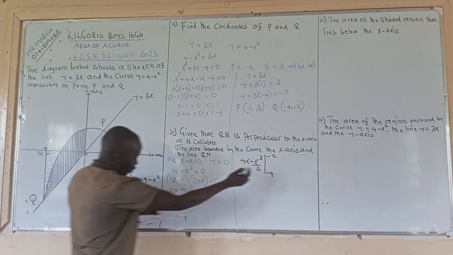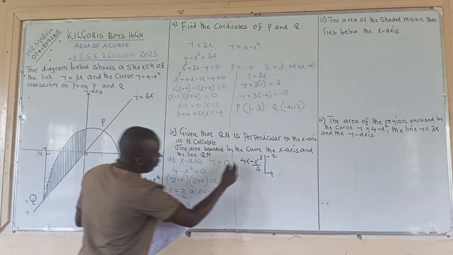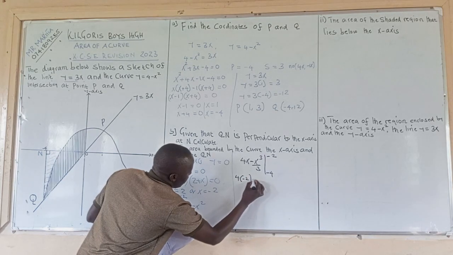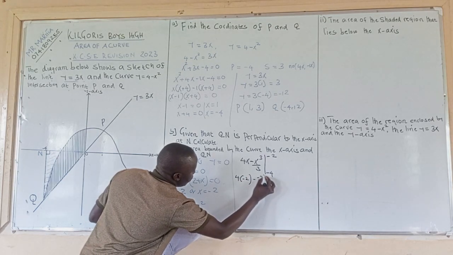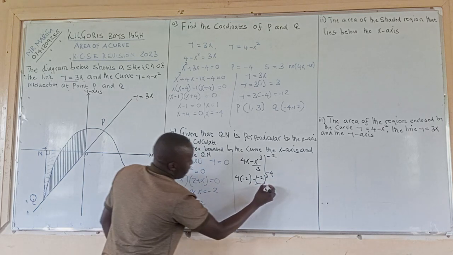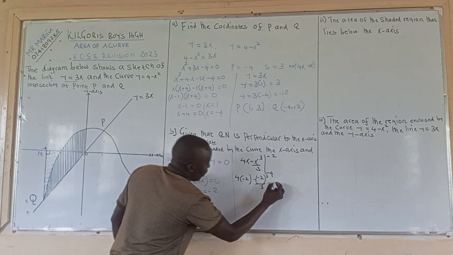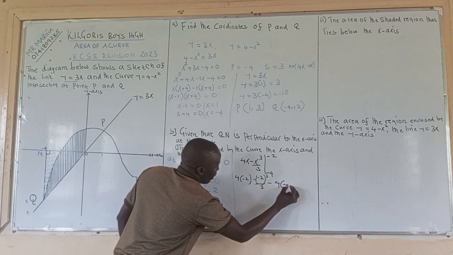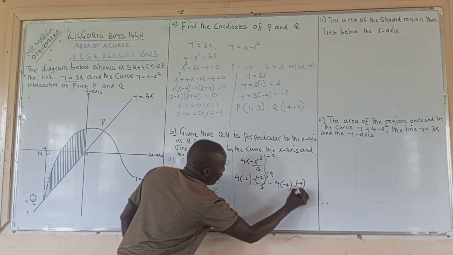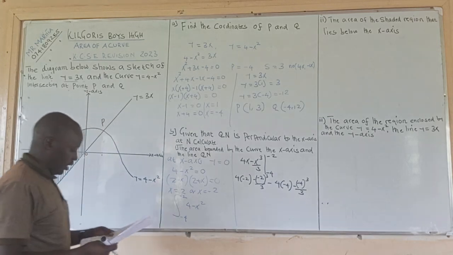When x is equal to negative 2, we have 4 into negative 2 minus negative 2 raised to power 3 all over 3, minus, when x is equal to negative 4, 4 times negative 4 minus negative 4 raised to power 3 divided by 3.